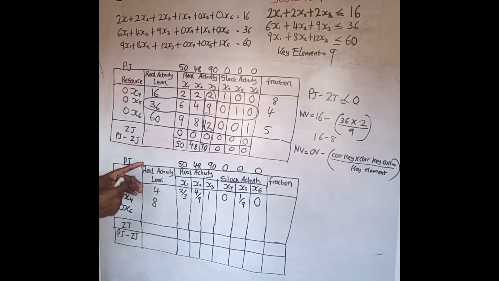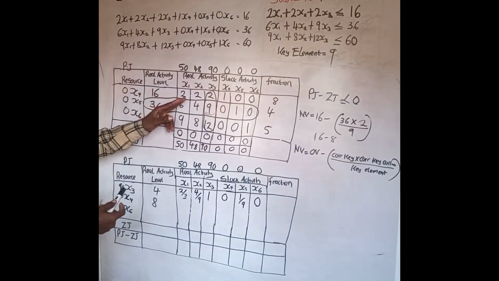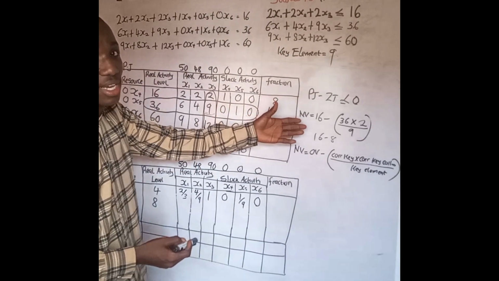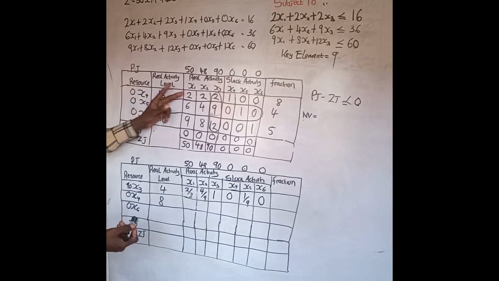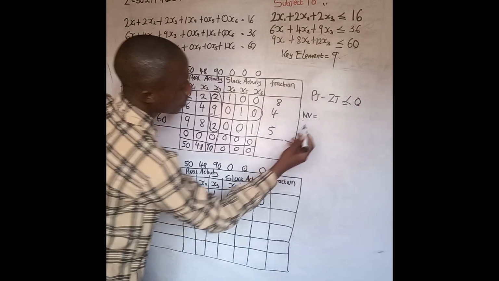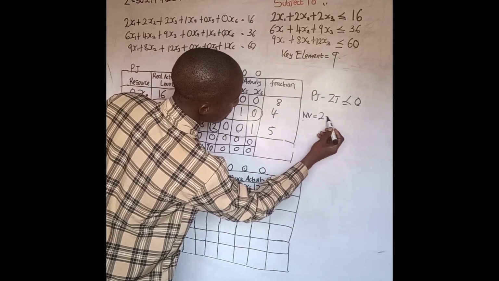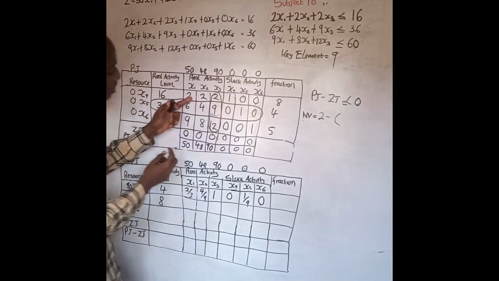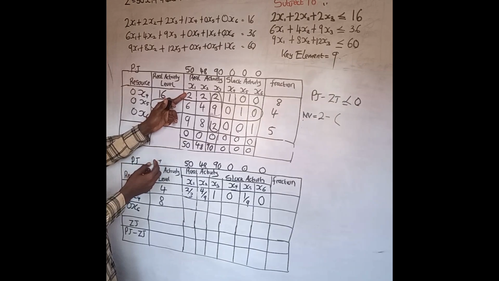Now let's proceed to get the new value of 2. I'm still going to be using the same formula. The new value of 2 will be the old value, which is 2 itself, minus the corresponding key row element, which is 6.